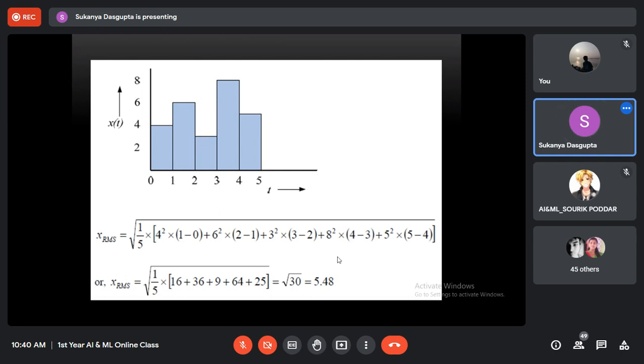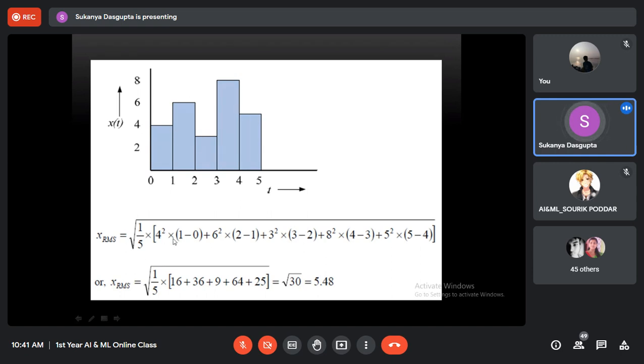Let's see what is the value of RMS voltage. For example, if x(t) is the voltage function, the magnitude is varying, and we know how to calculate the average value. We'll calculate the area of this signal covered by this envelope.